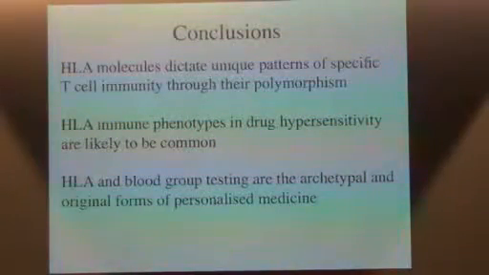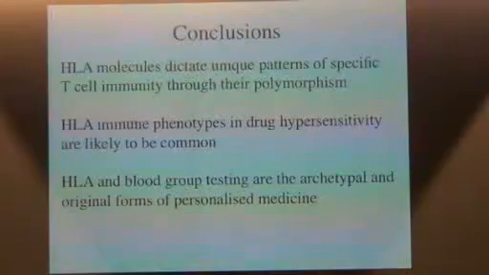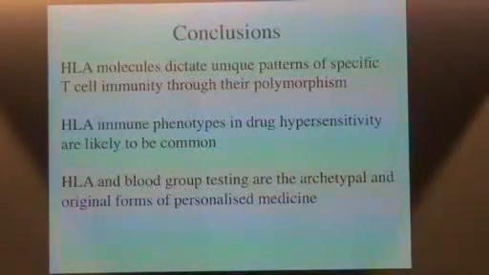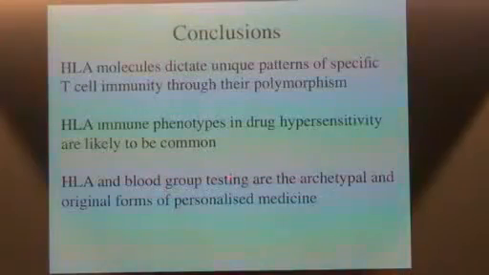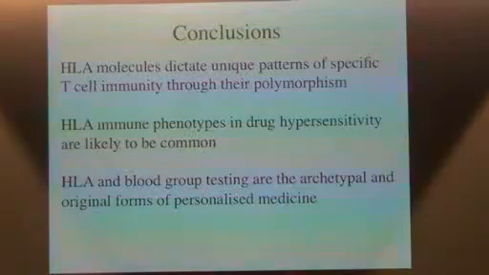We're seeing an increasing number of drug reactions that are linked to particular HLA types. They're generally small drugs that are ideally suited to fit the cleft and change the self-immunological signature or barcode. And HLA and blood group testing are really the archetypal and original forms of personalised medicine.